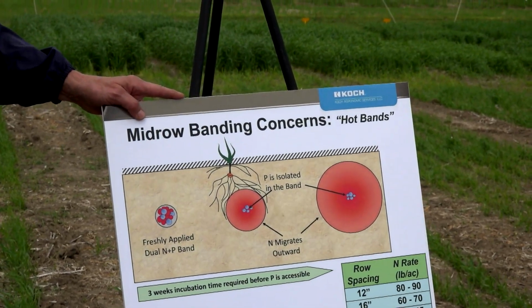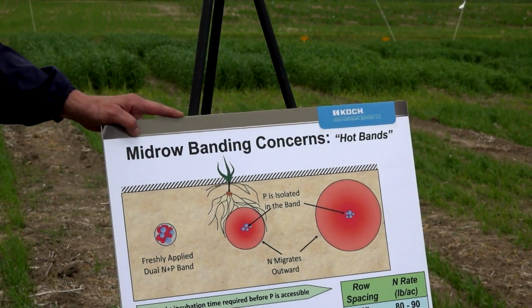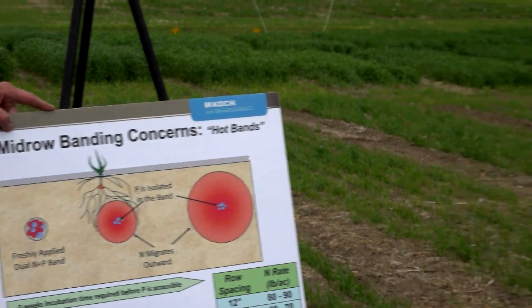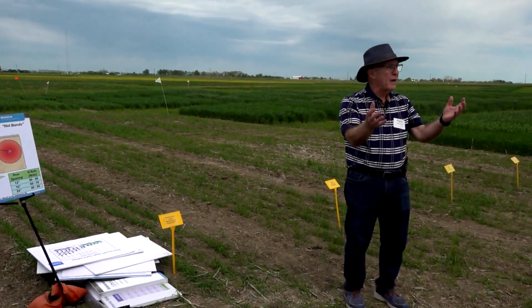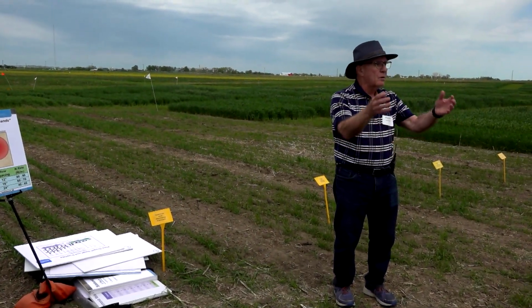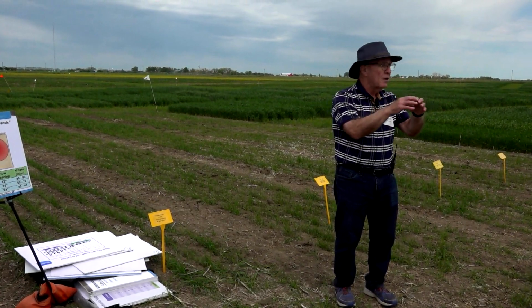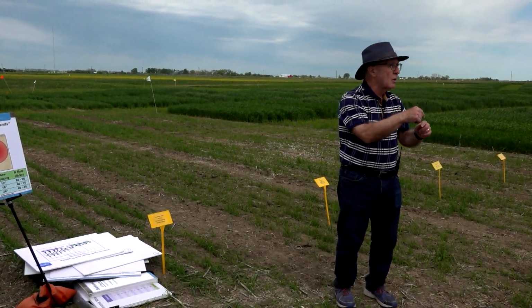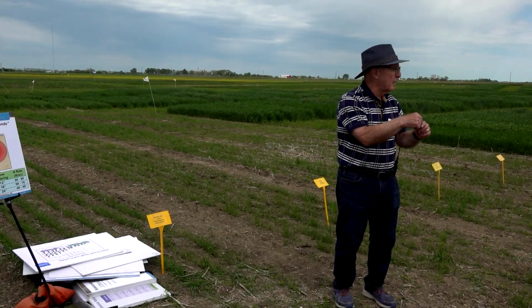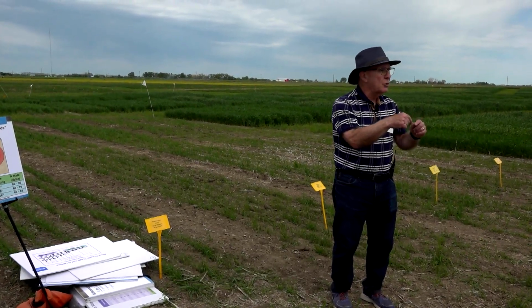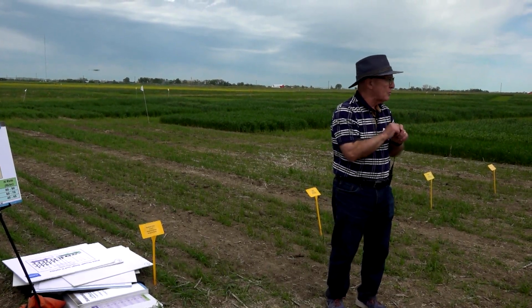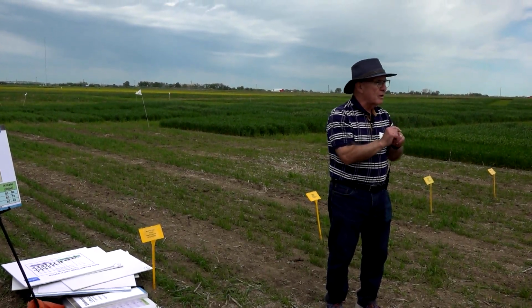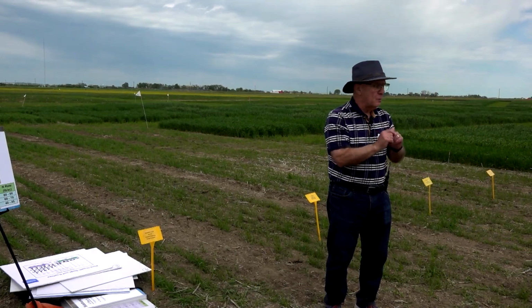When you put nitrogen and phosphorus together, the nitrogen dissolves and creates kind of a halo around the phosphorus fertilizer. Unfortunately, the roots cannot infiltrate that. And it takes 2 to 3 weeks for the roots to reach the phosphorus. So keep that in mind, that you are creating these hot bands.